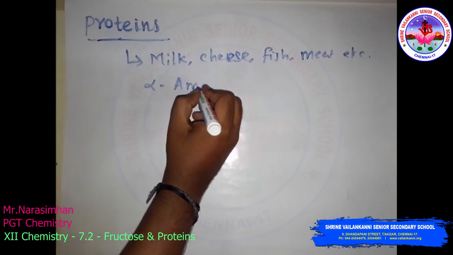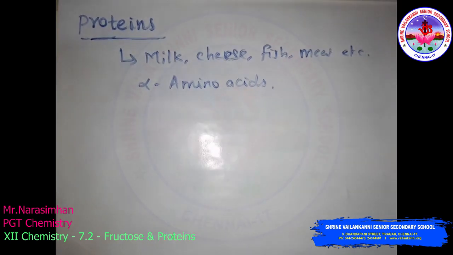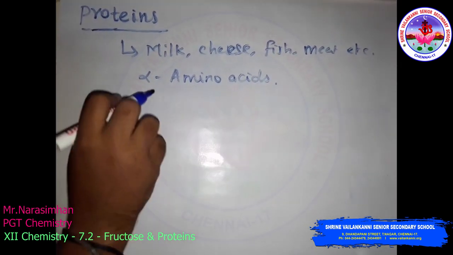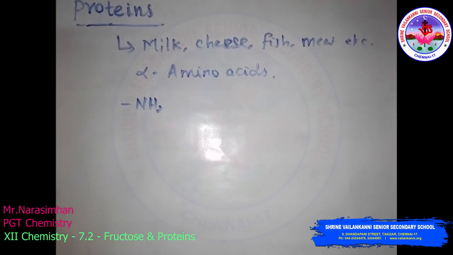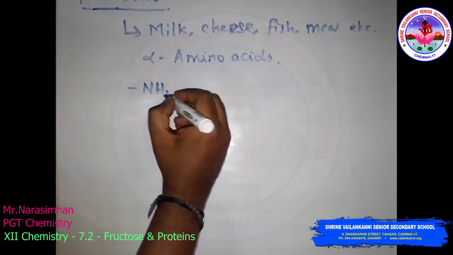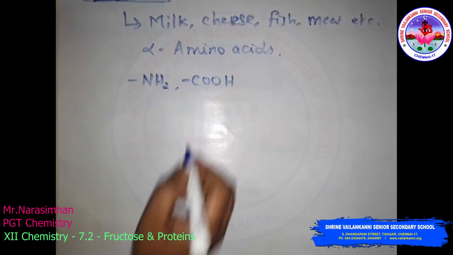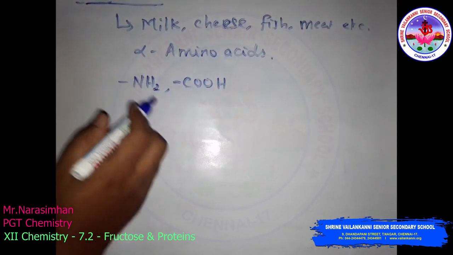Generally, proteins are made of amino acids. Amino means the amine group, NH2, and acid means the carboxyl group, COOH. So both the amino and carboxylic acid functional groups are present.